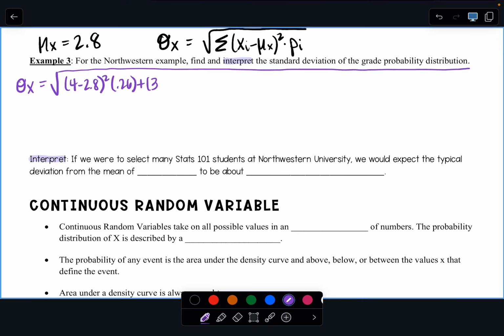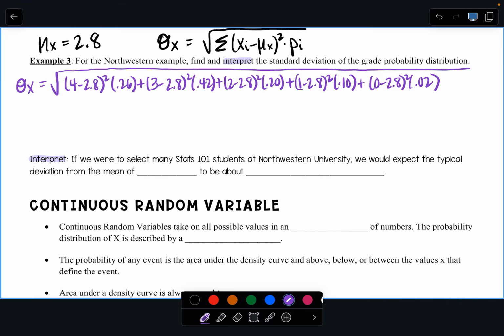And then I have 3 minus 2.8 squared times 0.42 plus 2 minus 2.8 squared times 0.20. And I'm just going down the list of my table. 1 minus 2.8 squared times 0.10 and 0 minus 2.8 squared times 0.02.